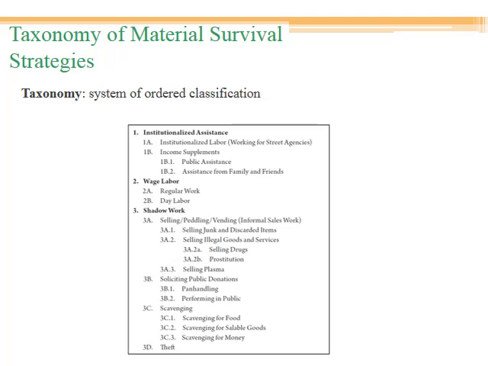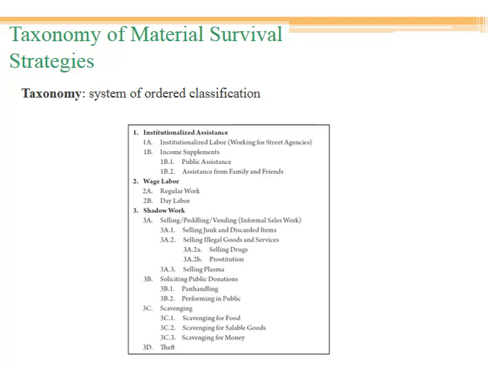This first data display is a taxonomy, a system of ordered classification. So during analysis, the researchers are classifying the different phenomena that they encounter in their data. In this display, the researchers are classifying the phenomena of how the homeless engage in material survival strategies.